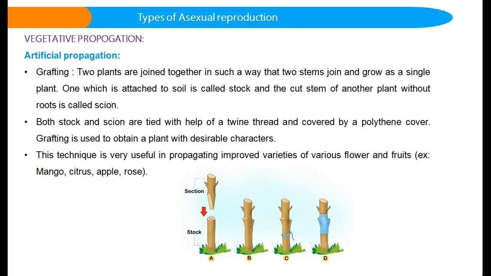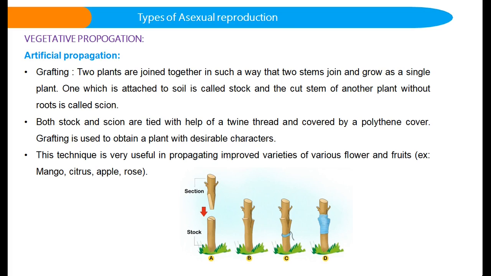And coming to grafting, two plants are joined together in such a way that two stems join and grow as a single plant. The one which is attached to the soil is called stock, and the cut stem of the other plant without root is called scion.